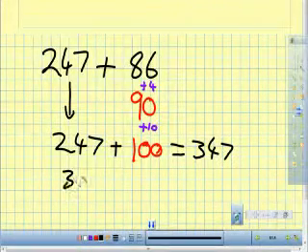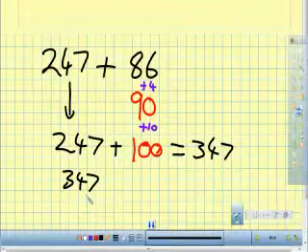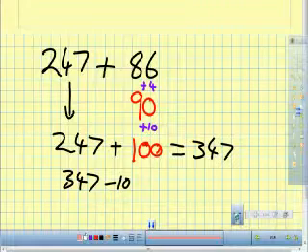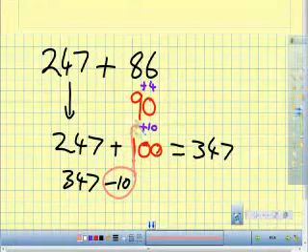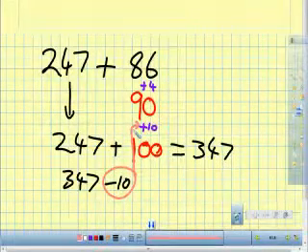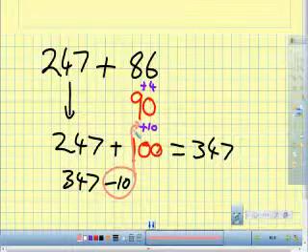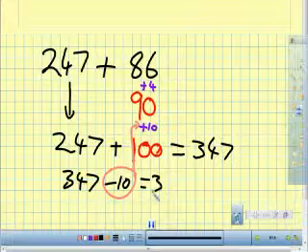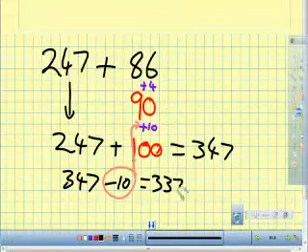So I've got 347 and I'm going to minus 10. Okay, there you go. That's where that minus 10 is coming from. It's the opposite of the 10 I added before. That gives me 337.